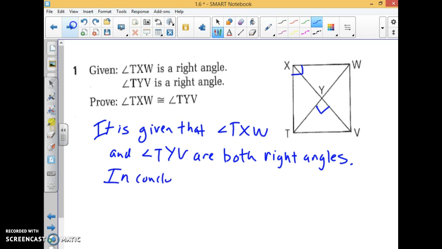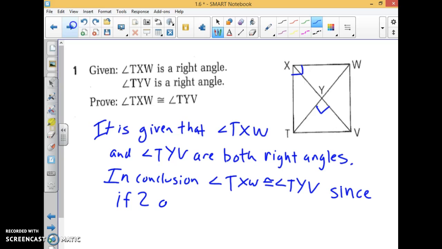In conclusion, angle TXW is congruent to angle TYV since, and here we have to give our reason, our theorem that we're relying on: since if two angles are right angles, they are congruent. And that ends our paragraph proof. Again, this is just an alternative to a two-column proof.